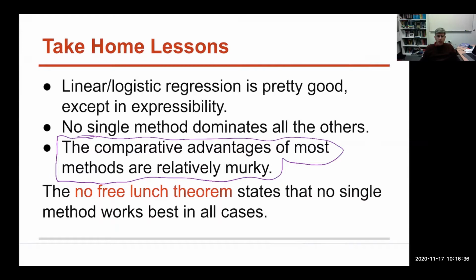But there is a well-known theorem in machine learning called the no free lunch theorem. It is a proof that there is no single machine learning method that works best in all cases. This does encourage people to try many different methods on their data set, which usually doesn't work too well.